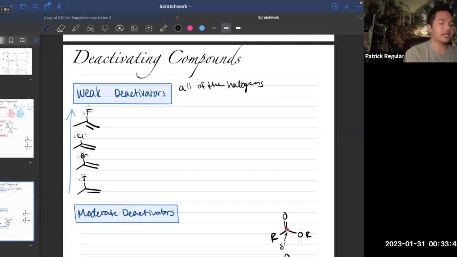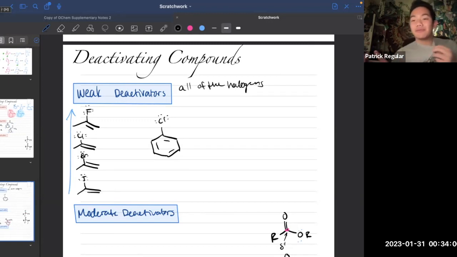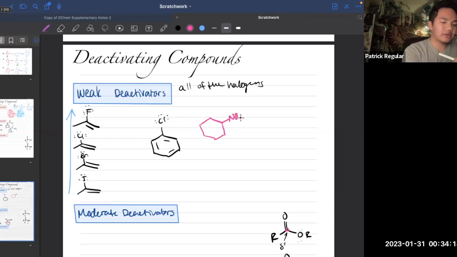So if I were to draw, let's say, chlorobenzene, and react it with electrophilic aromatic substitution, if I were to make nitrochlorobenzene, or add a nitro group to that, we would have an original initial structure that looks like this. And NO2, let's say it was ortho.